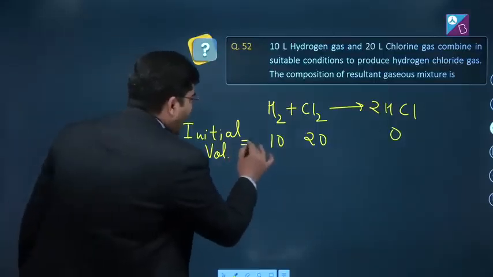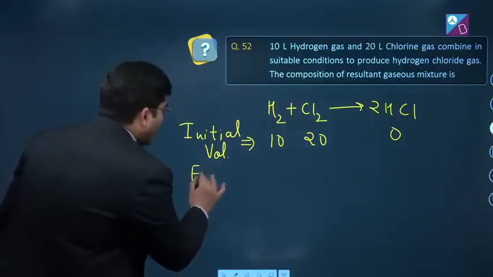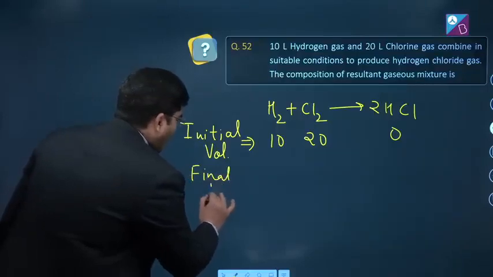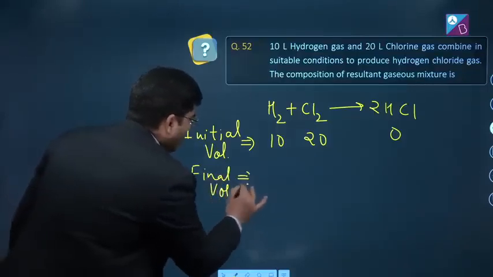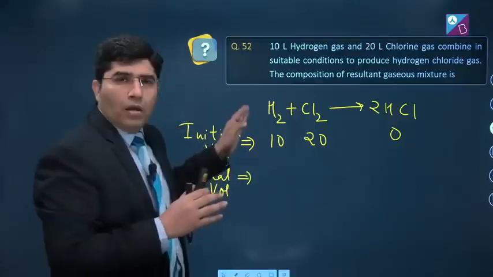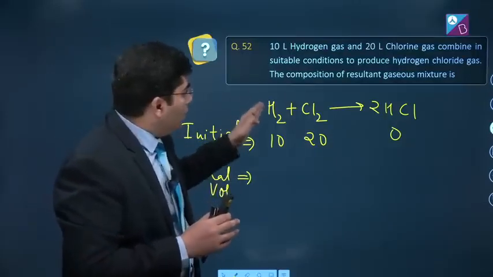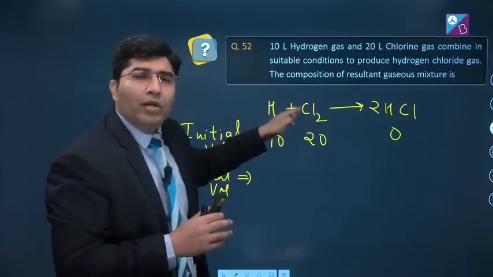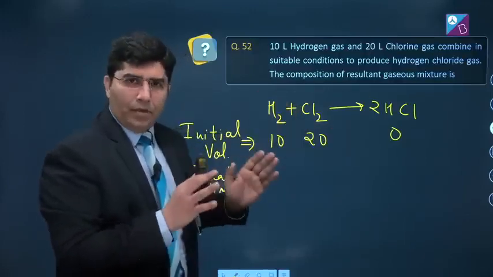Now when we talk about the final volume, now applying the stoichiometry, 1 mole of hydrogen reacts with 1 mole of chlorine to give 2 moles of HCl, right?